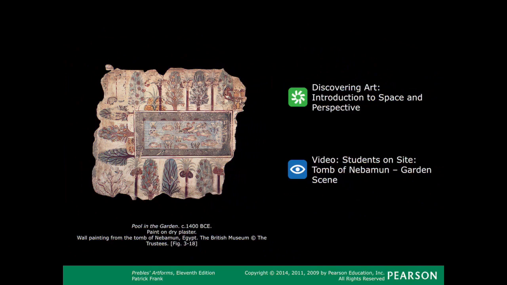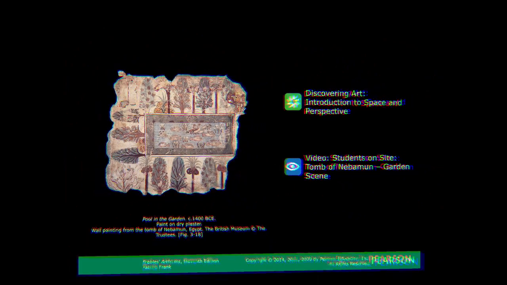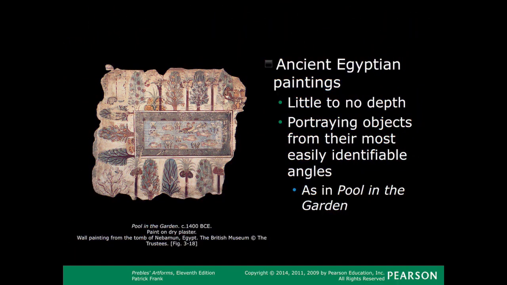And so the ancient Egyptians, they knew how to draw and paint, obviously, but they didn't really intend to create a more believable space in comparison to something more recent where many artists attempt to make everything look real. In the past, many artists actually chose not to.